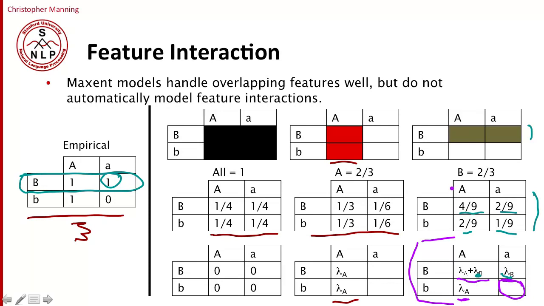So the constraints of our model are that the probabilities here should sum to 2/3, and the probabilities here should sum to 2/3. And then we've added in this constraint that the probability of this cell should be double the probability of this cell. And if you work through those constraints, the maximum likelihood solution is precisely the one that's shown here with 4/9, 2/9, 2/9, and 1/9.